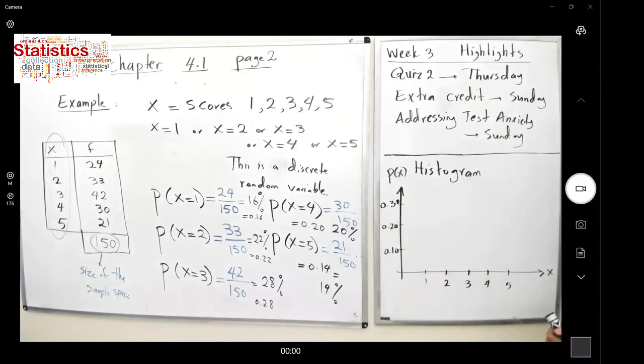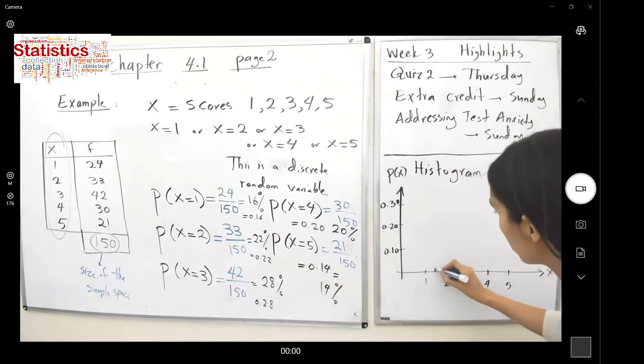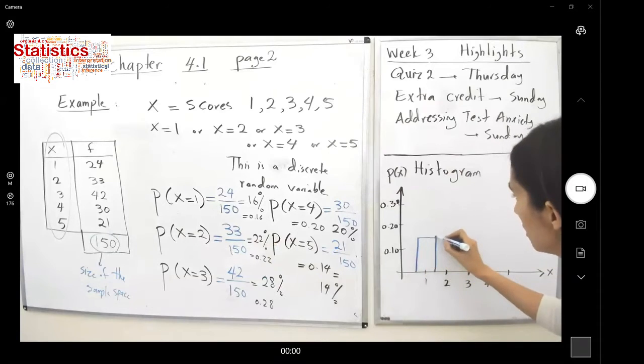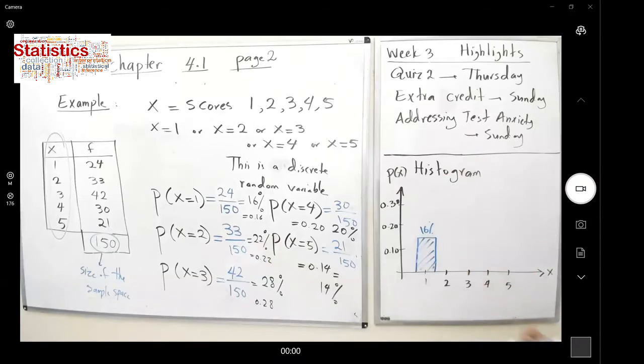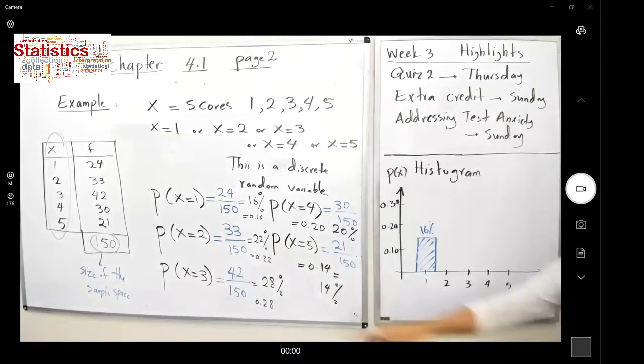Okay. My very first variable is 1. The probability that score is 1 is actually 16%. So my first bar is going to stop at 16%. The probability for x equals to 2 is 22%.